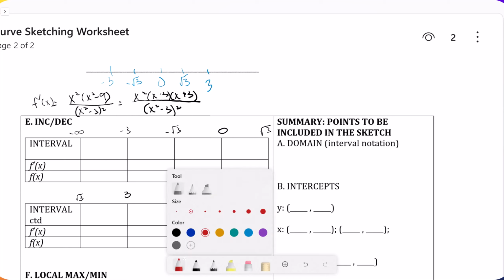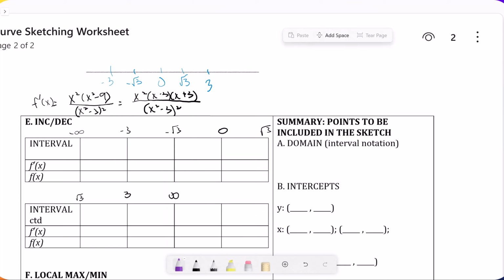Okay, so I am looking at choosing any number between negative infinity and negative 3. Let's choose negative 100. By plugging the negative 100 into this function, I get positive, negative, negative over positive. That's positive. Okay.